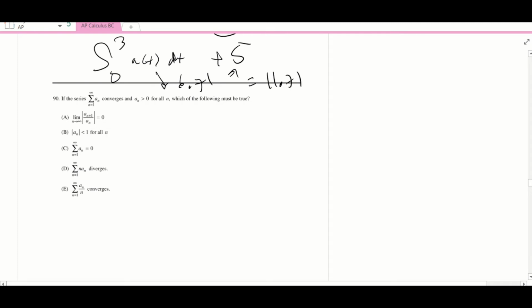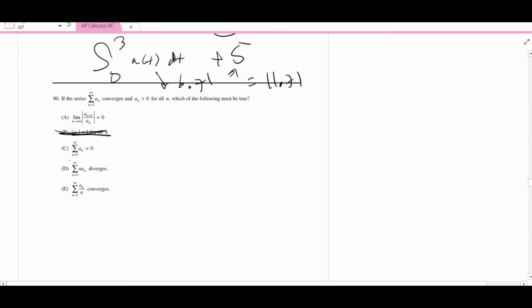For B, this doesn't have to be true because we could have a geometric series with a starting term of 3 and a common ratio of 1/2, right? So the terms would be 3, 1.5, 0.75, and so on. We know that converges, but these first two terms are greater than 1, so B is wrong.